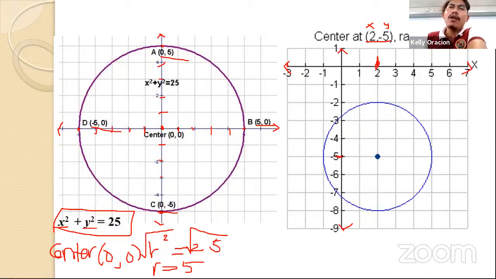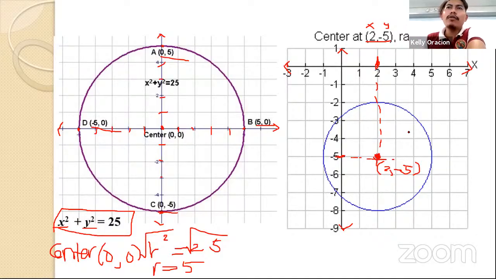Now, if you extend them, they meet at this point. This point is what we call (2, -5). That is the point (2, -5), and that is the center of this circle. And the radius is 3.